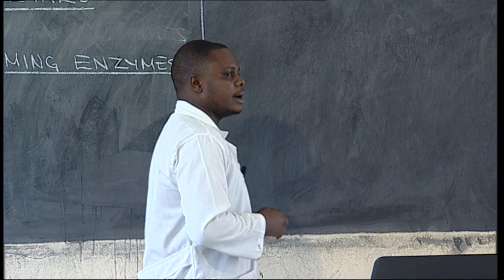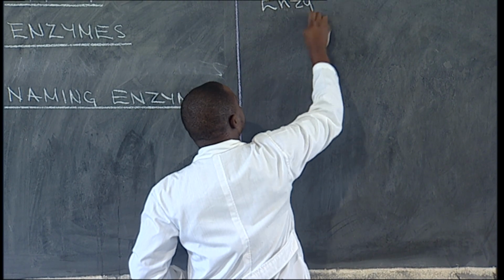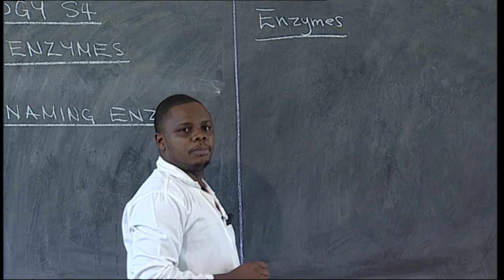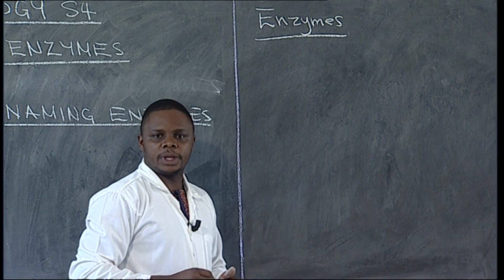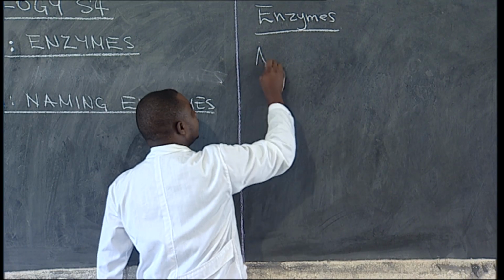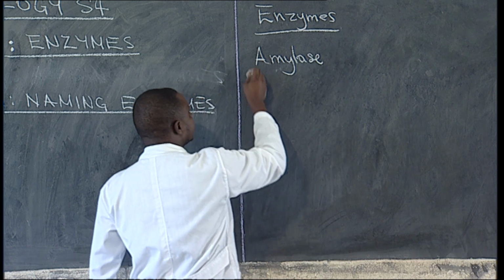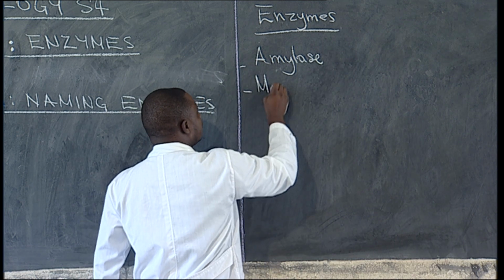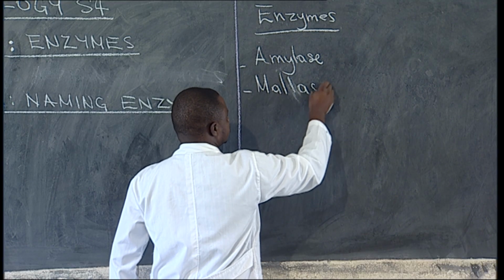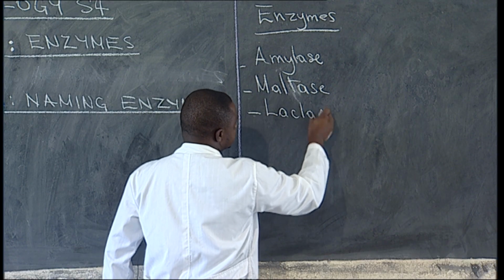Let us take examples of enzymes. We have defined the term enzyme, and these enzymes are very many in our body. Let us see some of them, those which are common in our body. We have like enzyme amylase. We can have another example of maltase. We can have enzyme lactase.